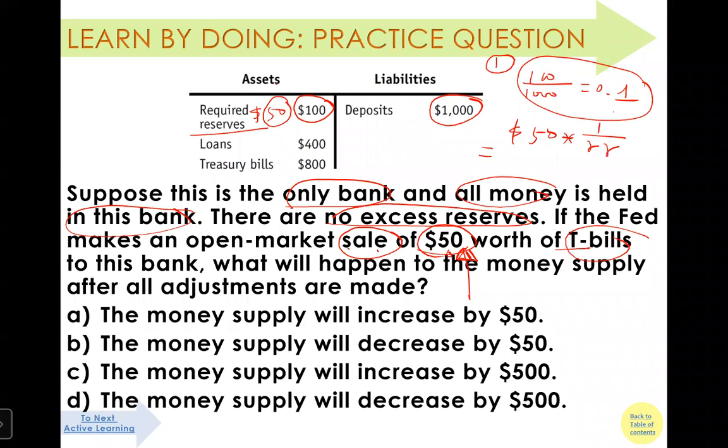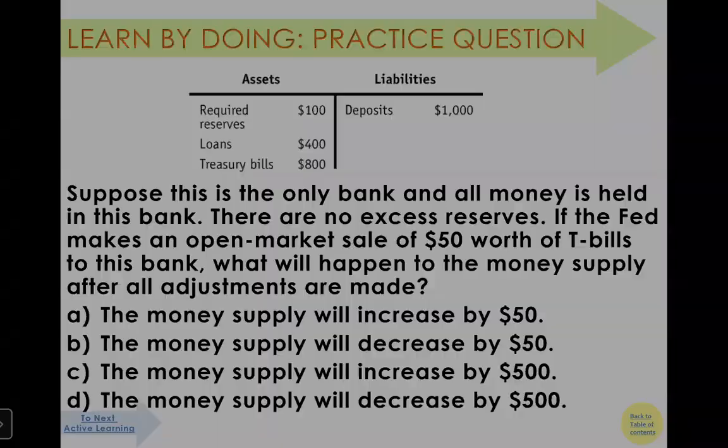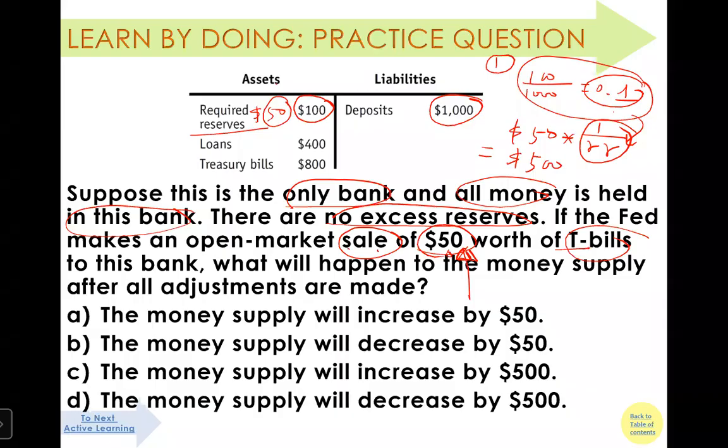That's going to give you 500. Because this is 0.1, 1 over 0.1 equals 10. Hence the answer is going to be C. Oh, sorry. The money supply decreases.